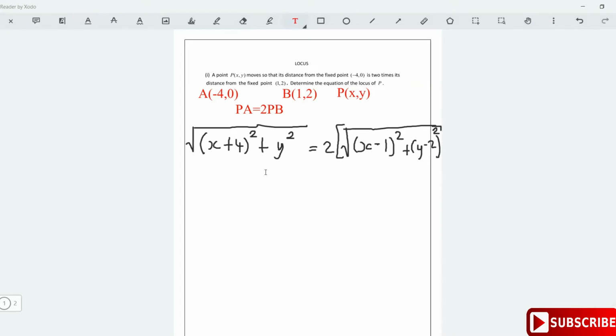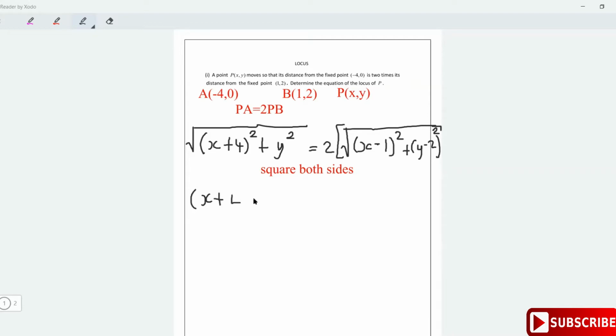By squaring both sides, what we end up getting is x plus 4 squared plus y squared, and that is equal to 2 squared, that becomes 4, times in bracket x minus 1 squared plus y minus 2 all squared.